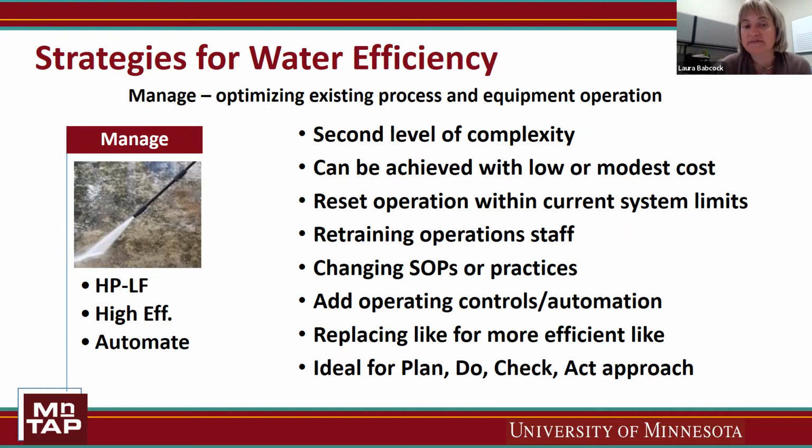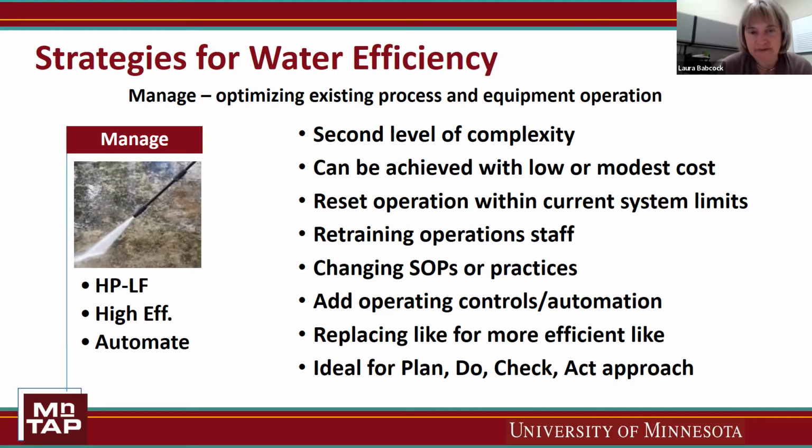This is a second level of complexity, and it can still be achieved at fairly low or modest cost, and usually using internal resources for changeouts. It resets your operation within your current system limits. So essentially you're doing what you do, but you're doing it better.